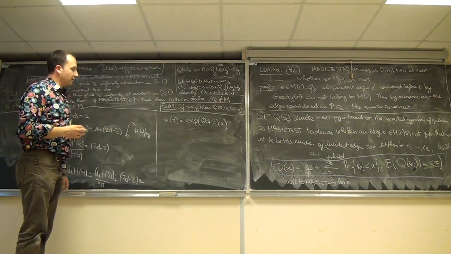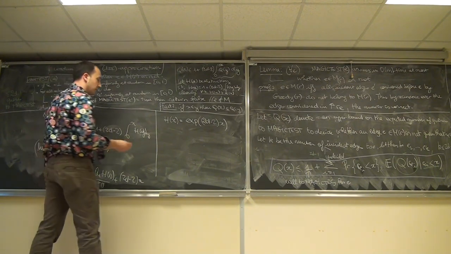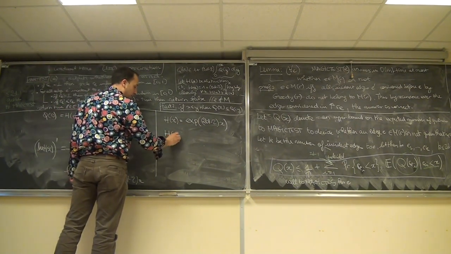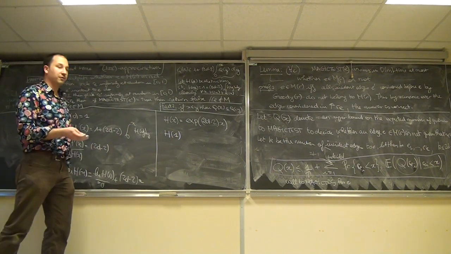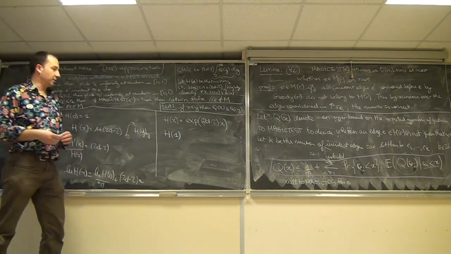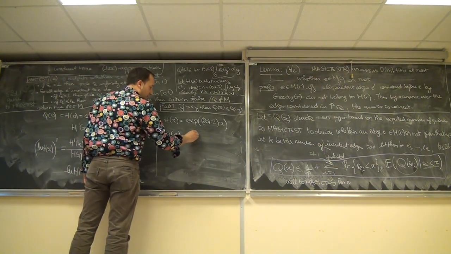What you are interested in is the maximum value of requests, so you're interested in h of 1. That's the value that we want to compute. h of 1 is the maximum expected value, and h of 1 is e to the 2d minus 2.